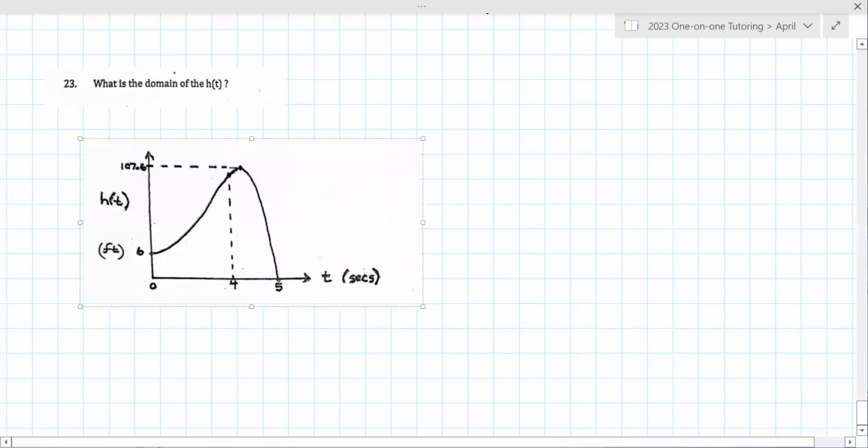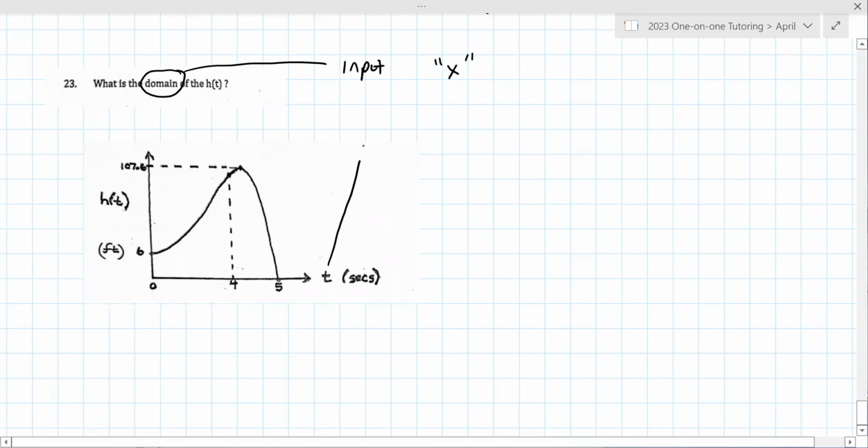Okay. The domain, this word domain, it refers to the input, which is typically the x, right? But in this problem, what is the input? T. T, yeah. So you can think of domain as the following word choices: left to right.